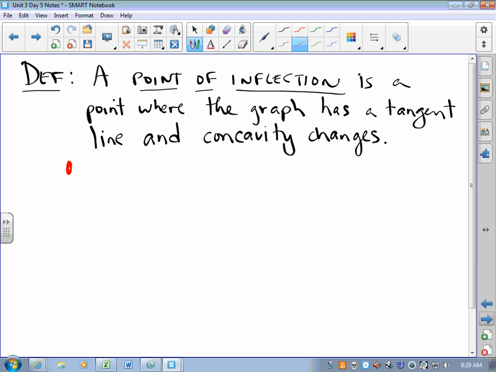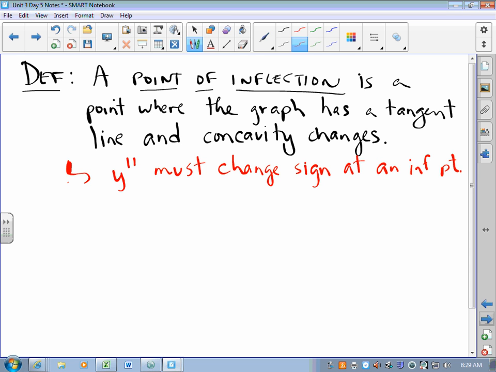The side note here, y double prime must change sign at an inflection point. It is not enough to just say, okay, I'm going to look for everywhere y double prime is 0. It's not enough for y double prime to equal 0. Y double prime has to change sign at an inflection point. Has to change sign.